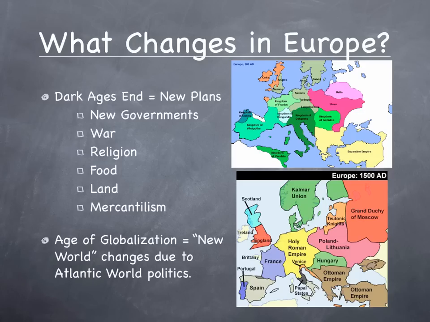This age of globalization really, in terms of all these things that they need, forces Europe to look outside of its own borders and say, okay, well, we want access to Asian markets because they're rich. Same with the Middle Eastern markets, because the Arabic tradition, the Islamic tradition, is very rich, very powerful, very wealthy.